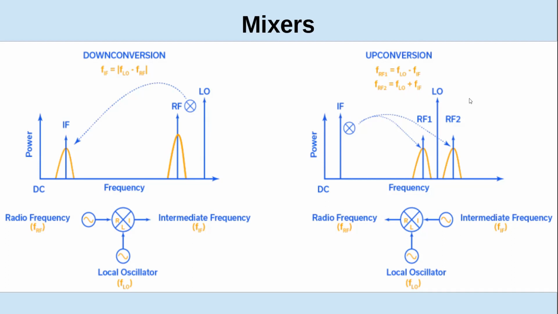For up conversion, we've got an RF signal out. That's what we want to produce. So this is what you would do in a transmitter. We have the IF frequency and the local oscillator.